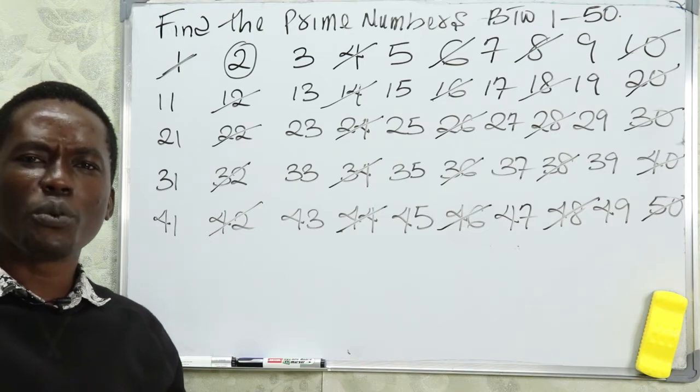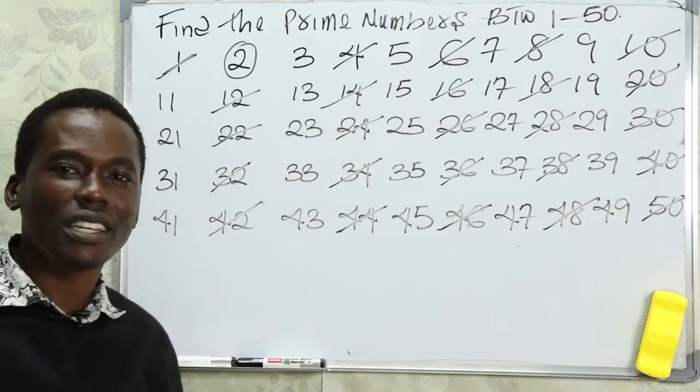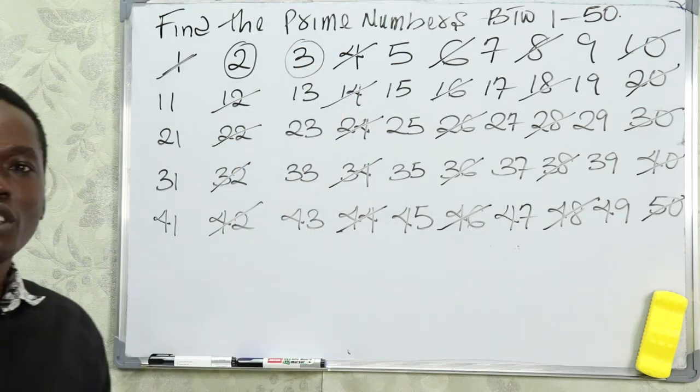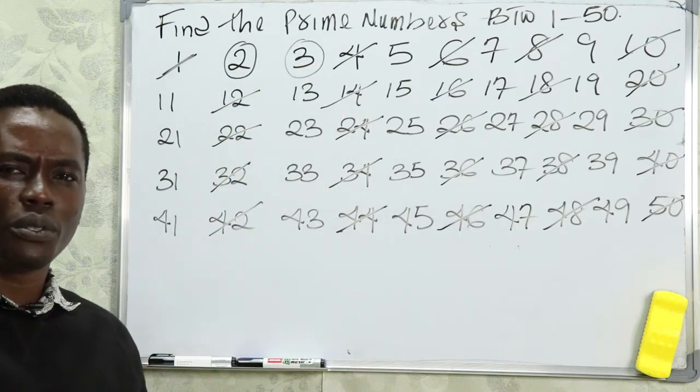The next number we pick is the next prime number in this set, and that is 3. 3 is a prime number, so we are going to consider the multiples of 3.